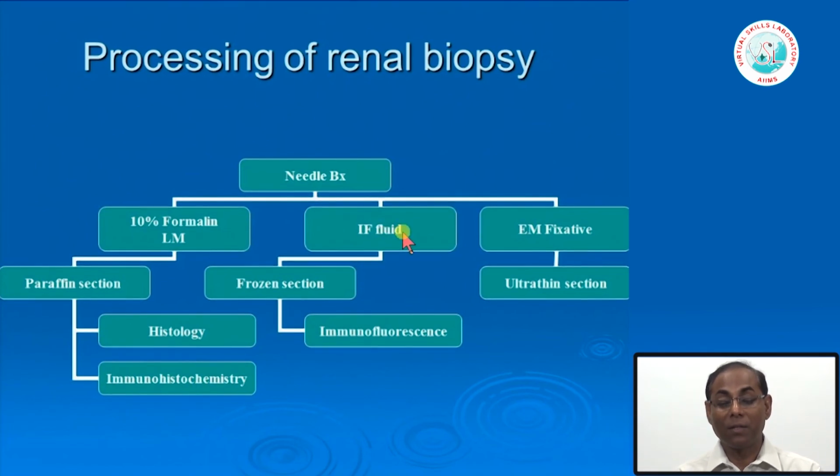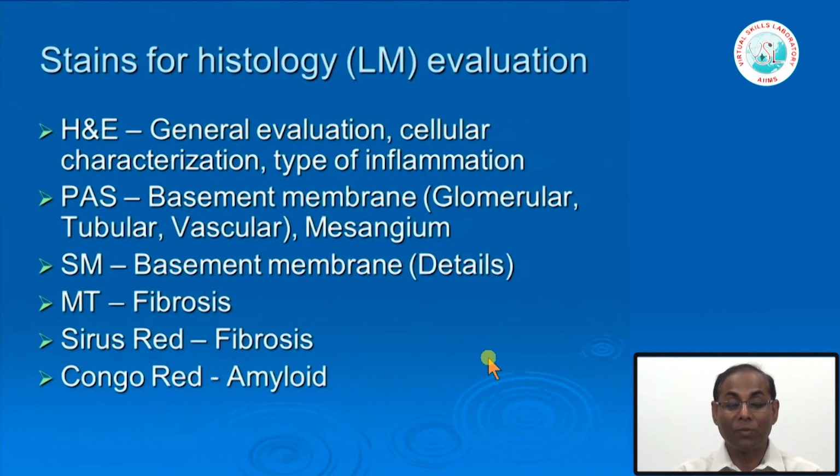For the tissue which we have kept for immunofluorescence, we do immunofluorescence microscopy to see what types of immune complex or immunoglobulin are deposited there, components of the complement and all those things, and whether this immune complex or immunoglobulin is monoclonal or polyclonal. So, all these things we see under the immunofluorescence test, and obviously we use the electron microscope to see the ultrastructural changes.